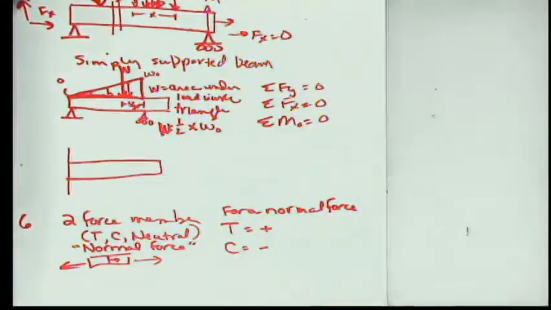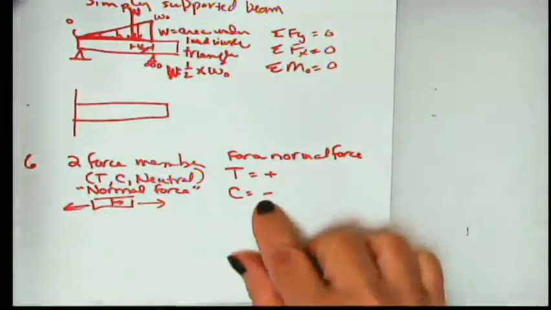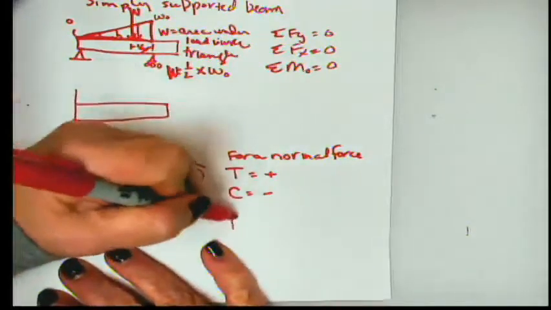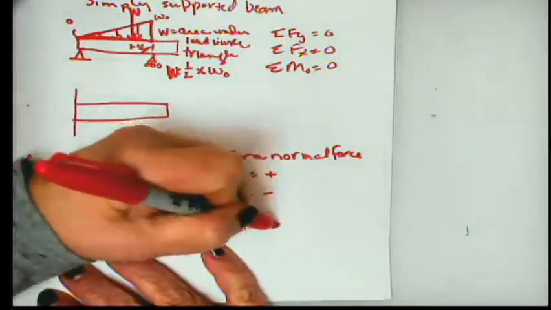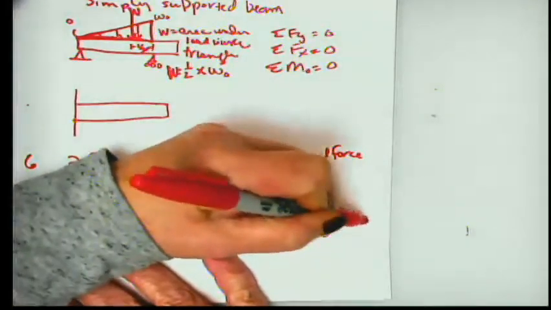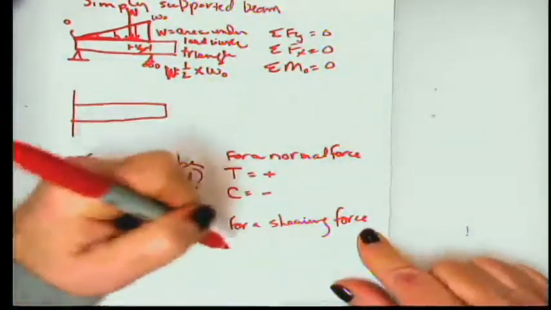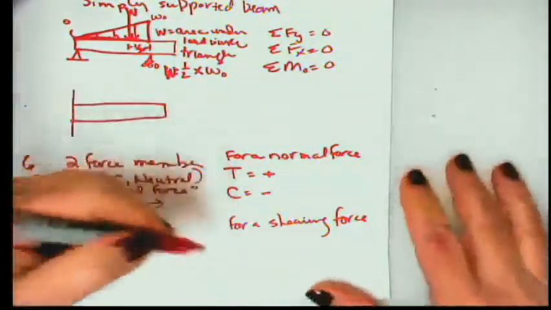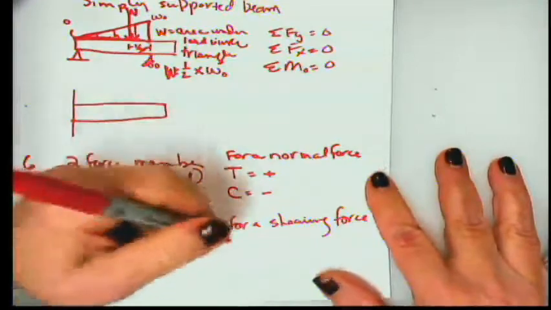The direction is the same, it's still perpendicular to a face of that curve, but they mean kind of different things. For a shearing load or a shear load, a shear force, the sign convention is just based upon a direction of rotation. And you're saying, huh, what does that mean?